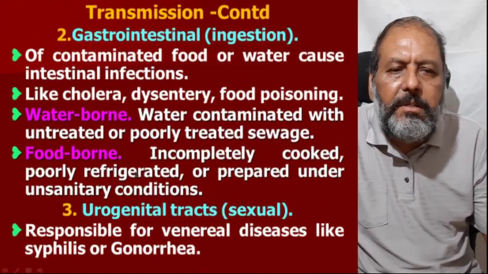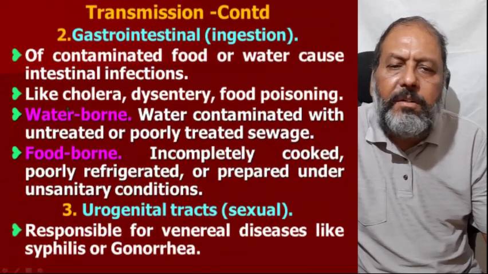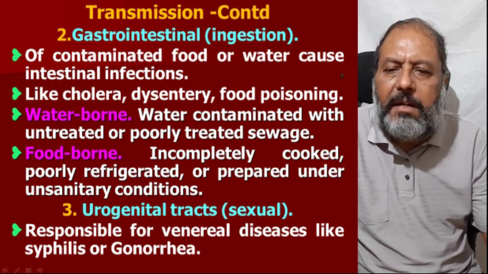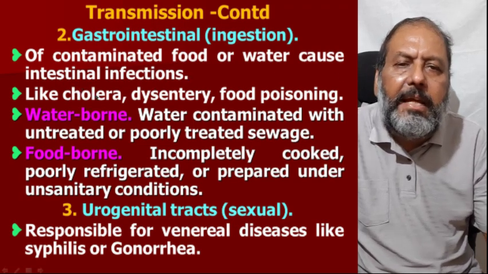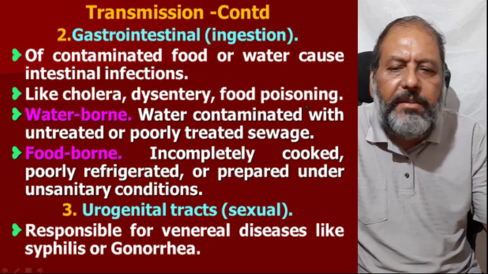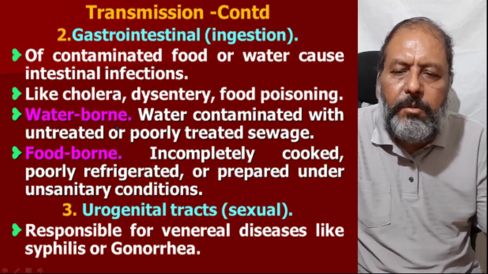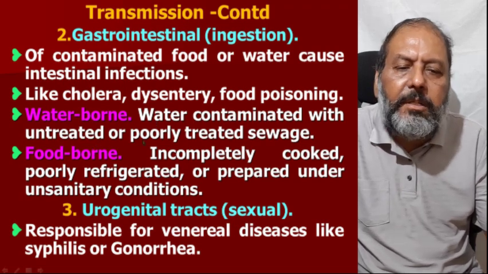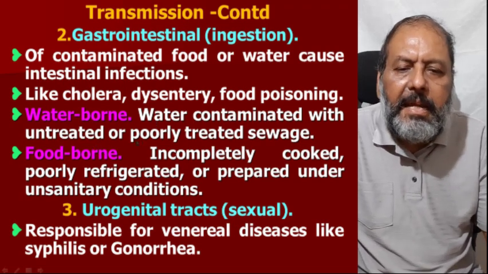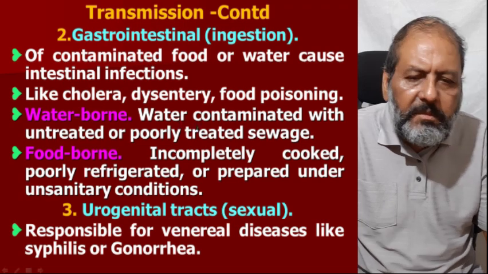Gastrointestinal tract transmission is called ingestion of contaminated food or water, which causes intestinal infections like cholera, dysentery, and food poisoning. This ingestion is through waterborne routes, like water contaminated with untreated or poorly treated sewage and feces.